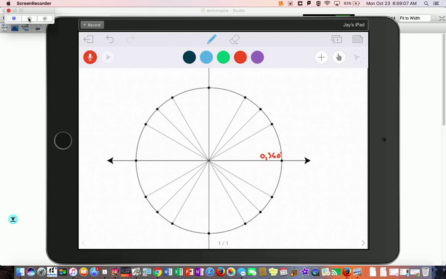The very first one, the positive x-axis, is 0 degrees, and if you go all the way around, that's 360. Each quadrant is 90 degrees. If you just keep adding 90 all the way around, you can do your 4 quadrants.